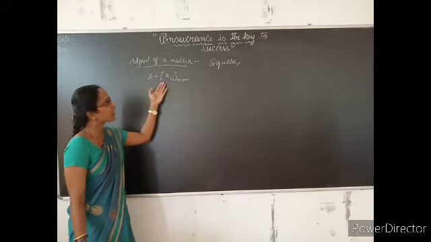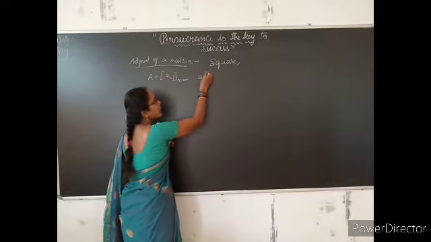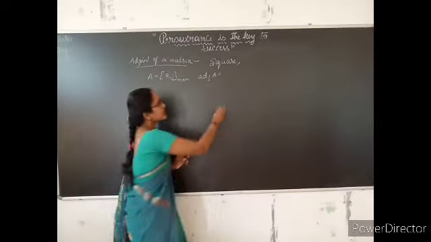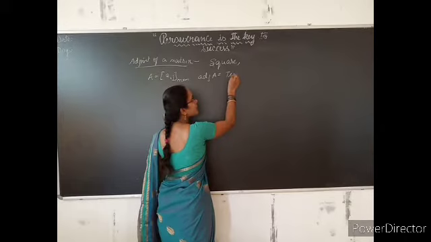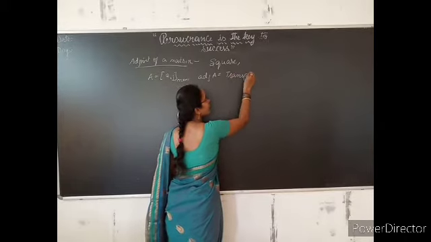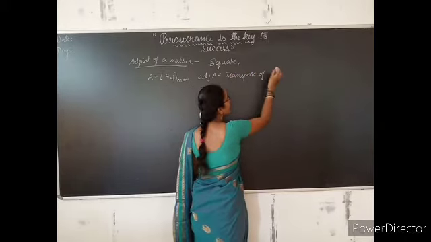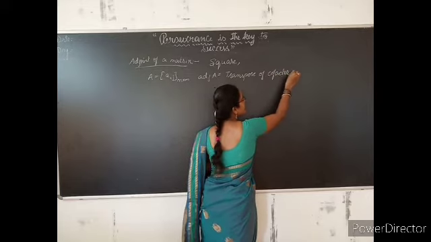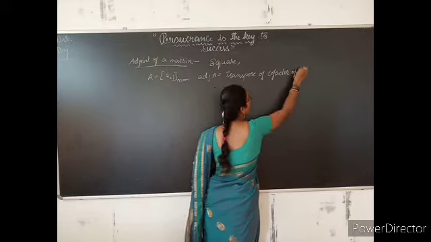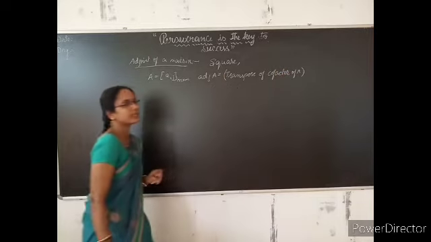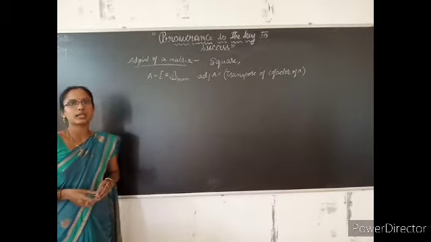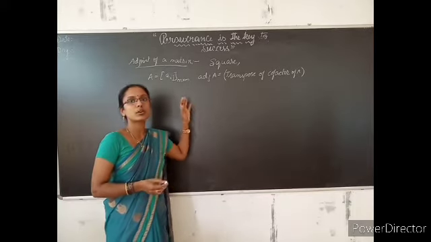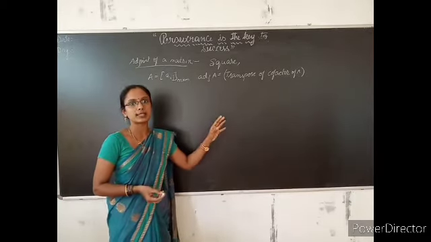For this square matrix, the adjoint of A is defined as nothing but the transpose of the cofactor of A. So the adjoint of a given square matrix A is nothing but the transpose of the cofactor matrix of A.